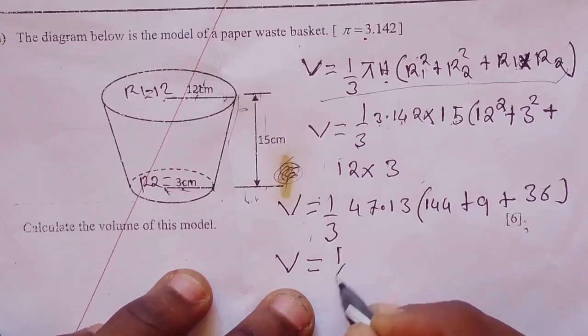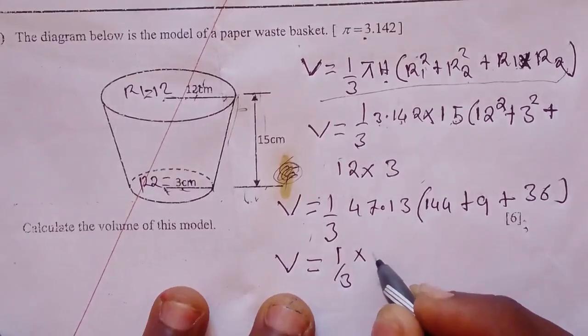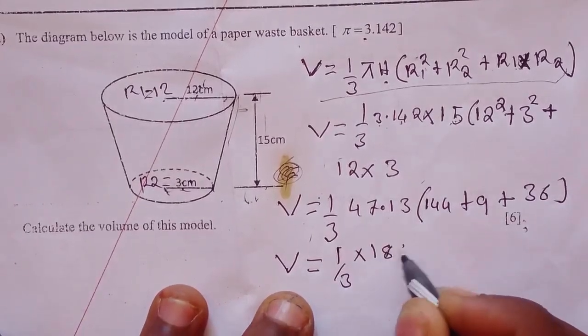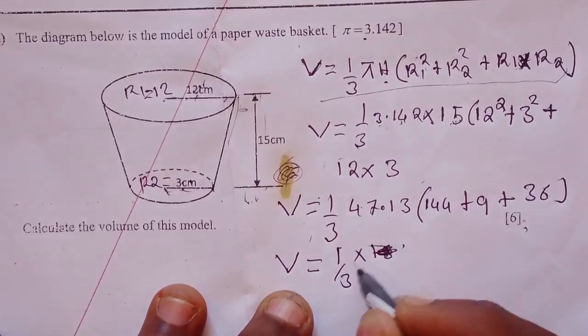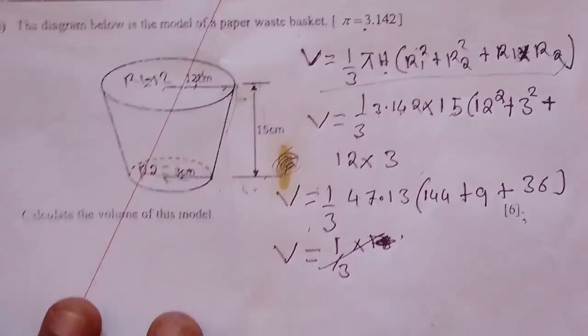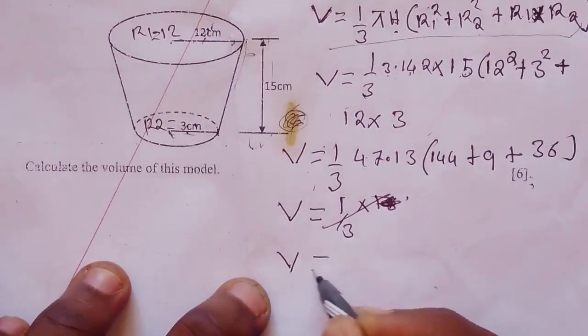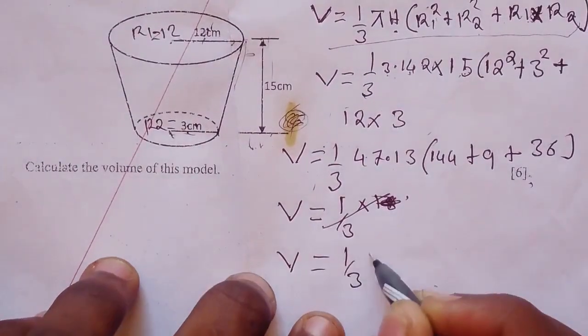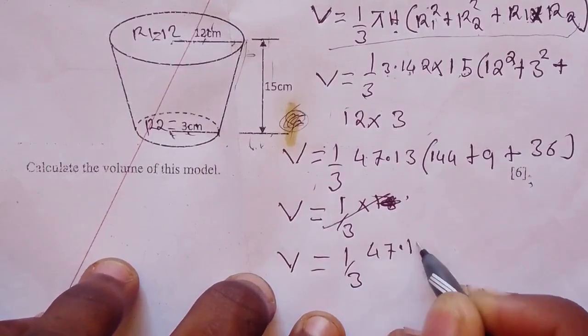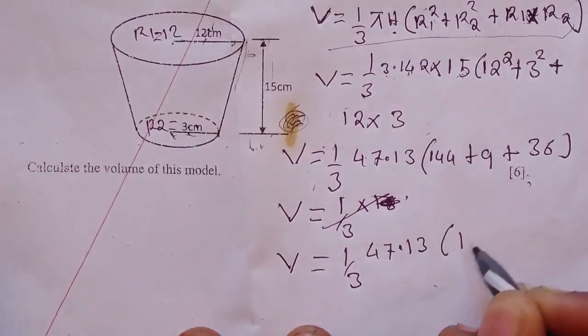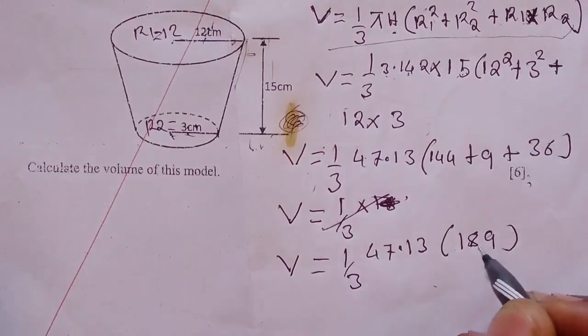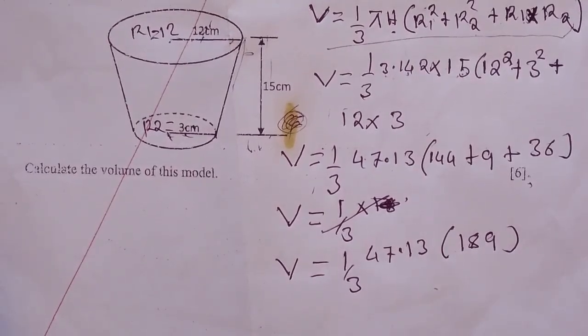So we're going to have 1/3 multiplied by this. So our volume is equal to 1/3 multiplied by 47.13 multiplied by 189. You can just multiply here, then you divide by 3.